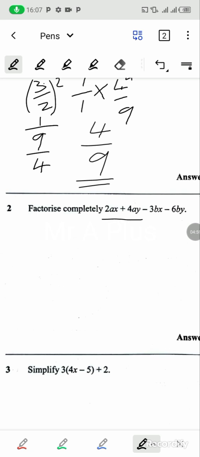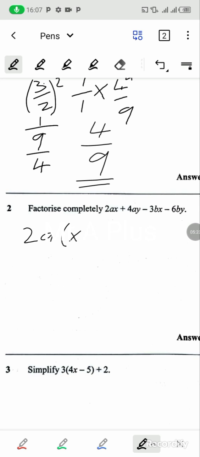So for this one here, 2ax, the common thing here is 2a, so we are going to write 2a, then we open the bracket. Inside here you say 2a into 2ax, we are going to remain with x this side.